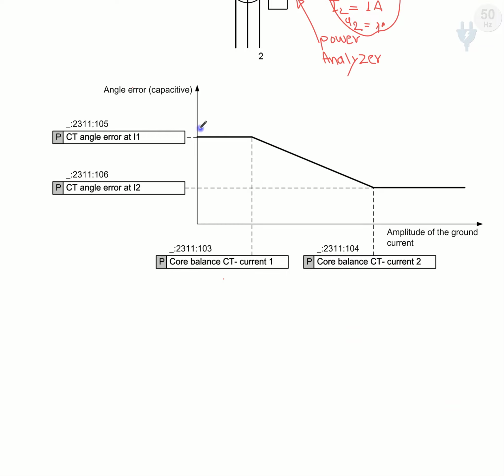In the graph, we mention the angle error at the current I1, the amplitude of current I1, and at current I2, this is the angle error, the deviation angle. Then by this graph the relay will understand how much the deviation angle should be at different currents in the secondary of the relay, and it will compensate.